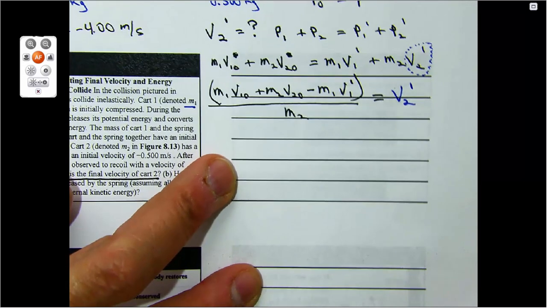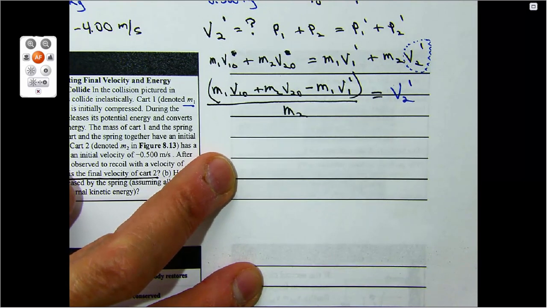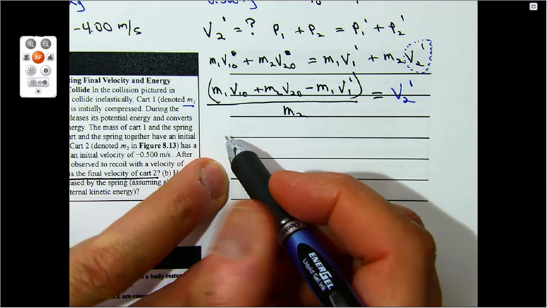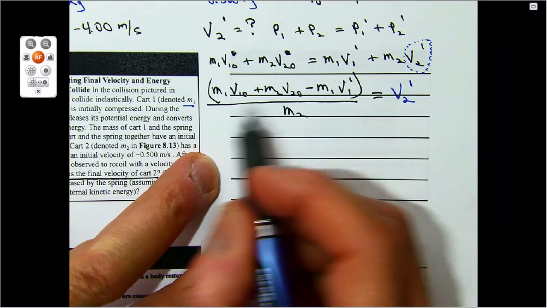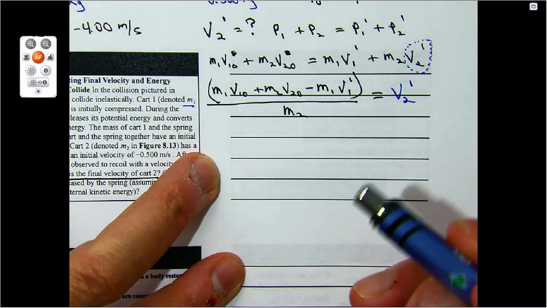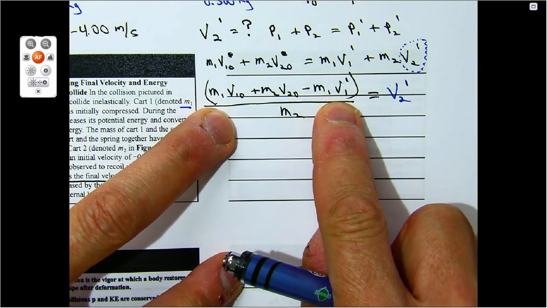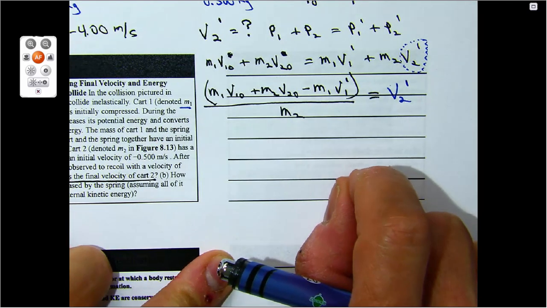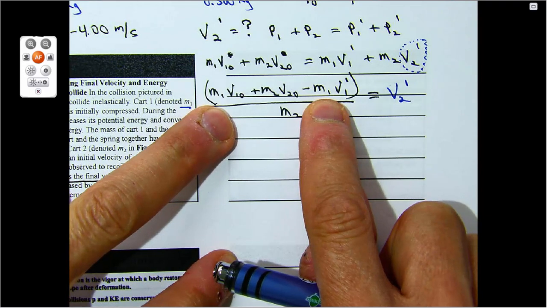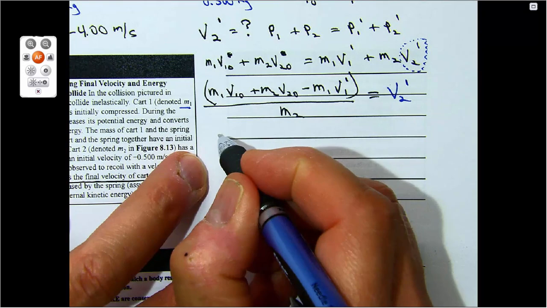Now, we just got to make sure we keep track of our signs in this. We could put our M1s together and factor it out, but let's just leave it the way it is.